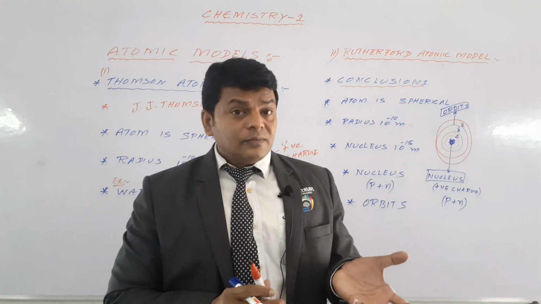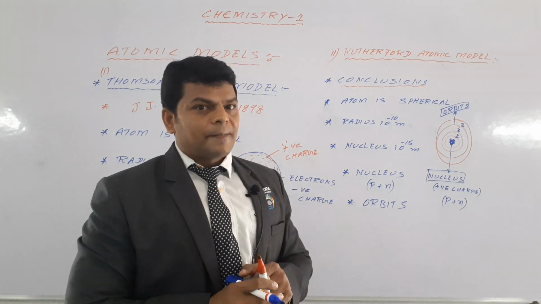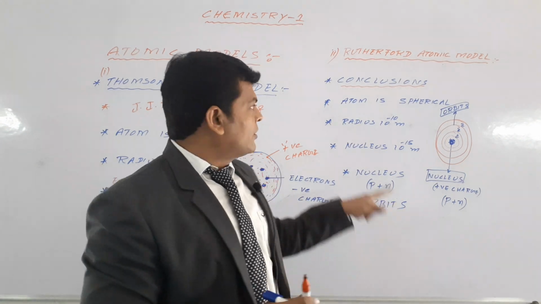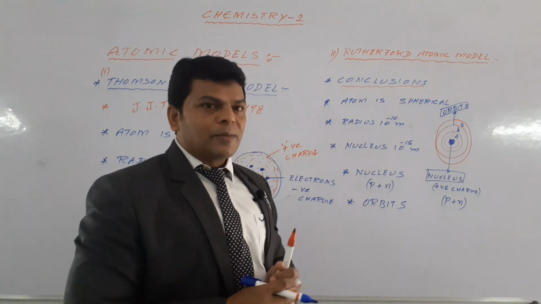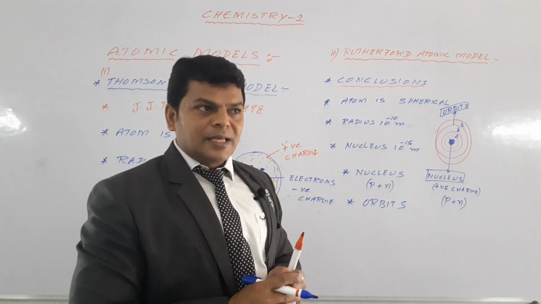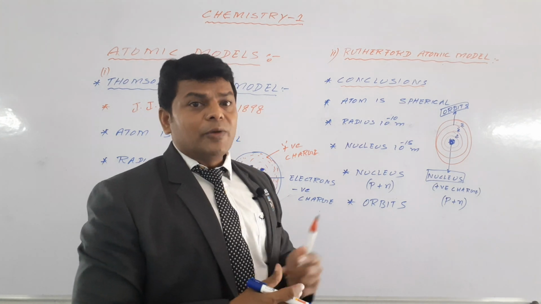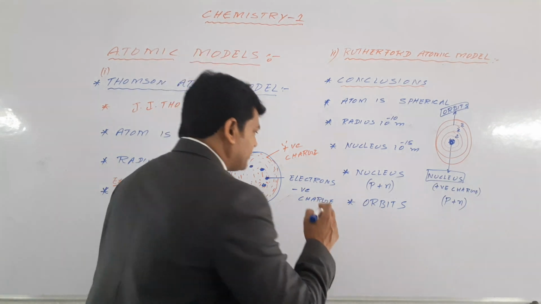How do planets revolve around the sun? Like that, electrons revolve around the nucleus in circular paths according to Rutherford. So the Rutherford atomic model is nothing but planetary motion. We may consider this model like a small solar system.